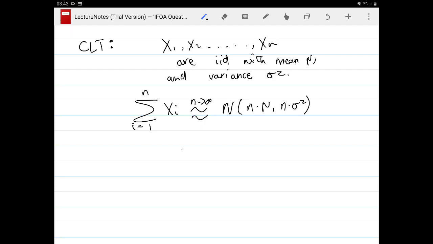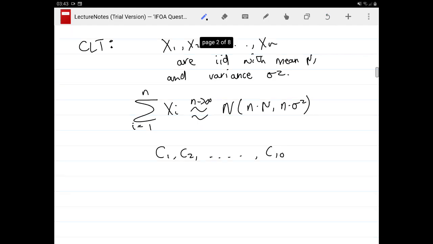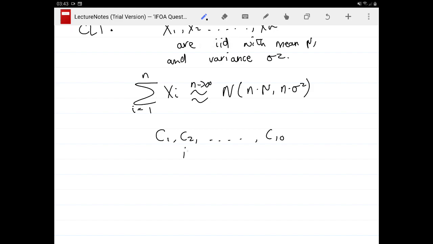So in this case, we don't have xi's, we have ci's, so we have c1, c2, all the way through to c10, not cn, because we know what the n is, are IID exponentials with beta equaling 4 over 5, right? So we know what our mu is.